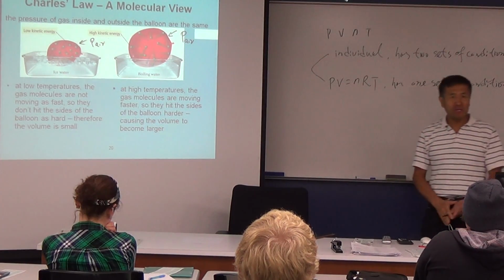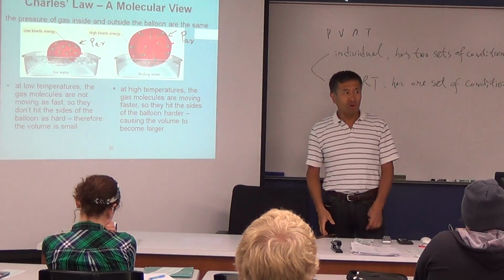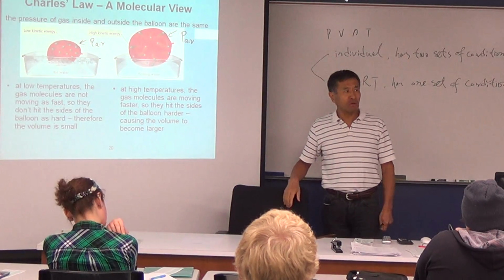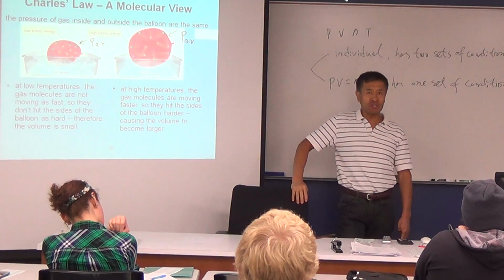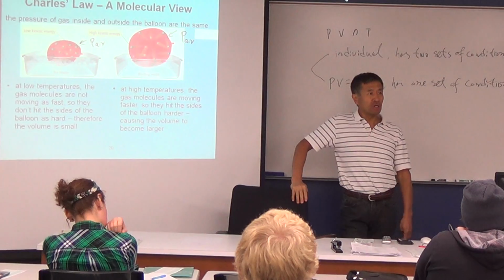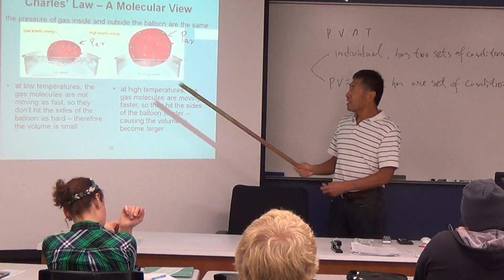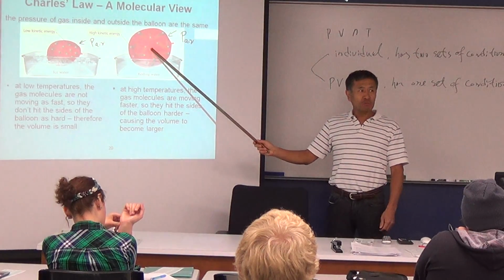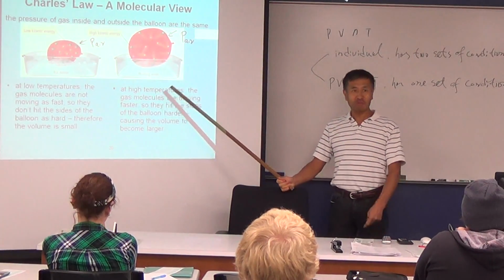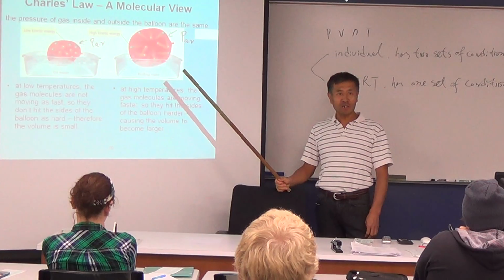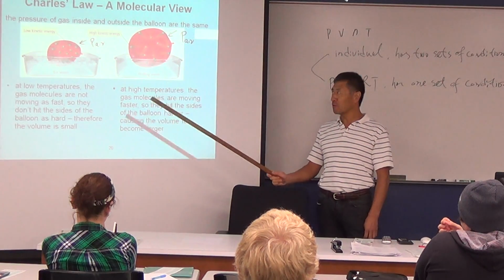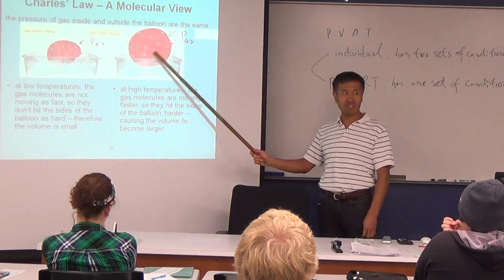So the P air that squeezes the balloon is the same because we are assuming we did not change the pressure in these two conditions. This looks like it has more pressure, like it is going to explode and pop, but actually they have the same pressure. You keep the external pressure the same.